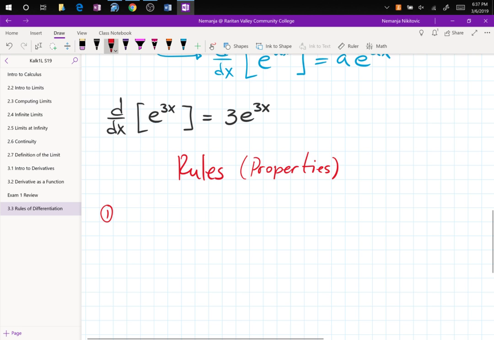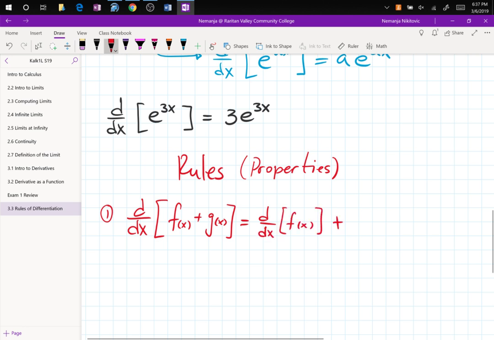Number 1, the derivative of the sum of 2 functions is the sum of the derivatives. This is the rule that allows for differentiation of multiple terms, one at a time.